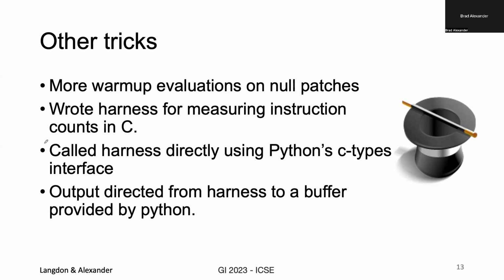Then we have a lightweight call from the PyTest framework inside of Magpie, using Python's ctypes interface, which allowed us to call the test harness in C. In the same spirit, the output was directed from the test harness to a buffer provided by Python. We needed this output in order to check that it was correct.